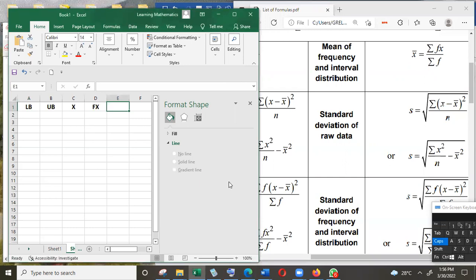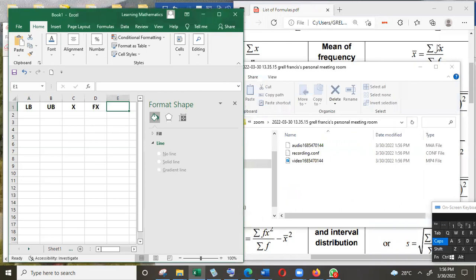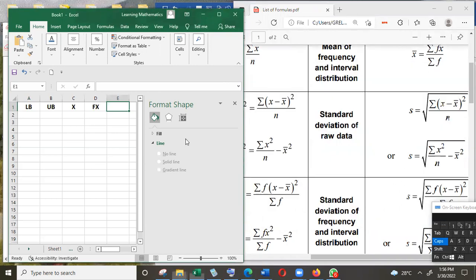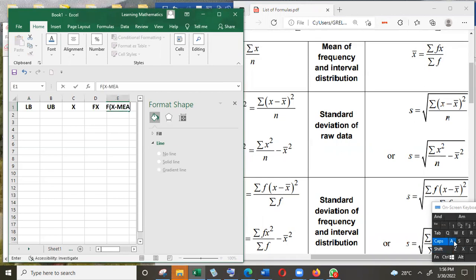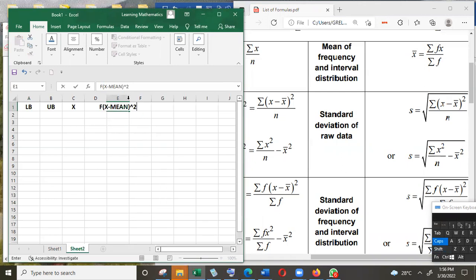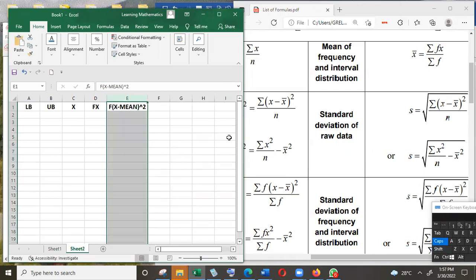So if I'm using this method, we have to calculate f, open bracket, x minus the mean, close bracket, all squared. Bear that in mind. We have to do all what is to the right of sigma first. F times open bracket x minus the mean all squared. All right, and then we sum. Okay, and we are using this formula for the mean, so we have to get fx and then we sum.